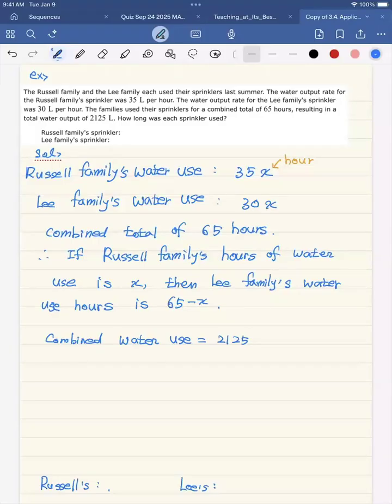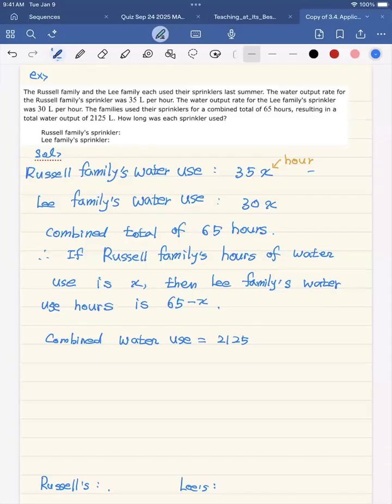So we can write the water use as 35 times x hours, and Lee's family uses water 30 liters per hour. Here, there is one variable hidden.